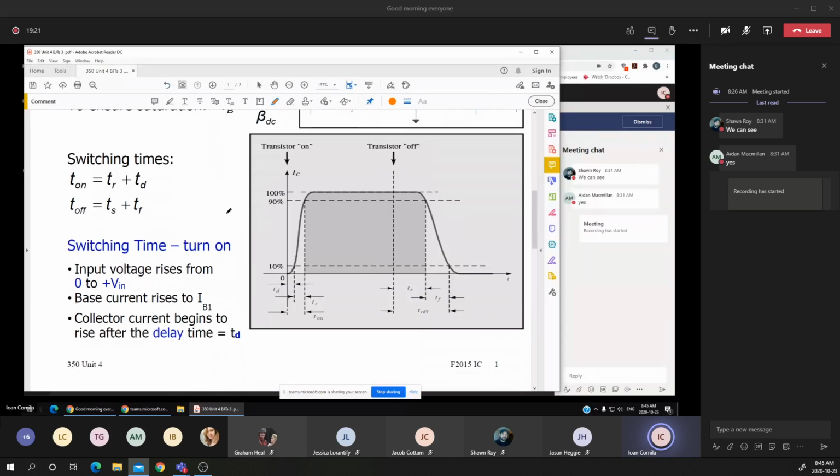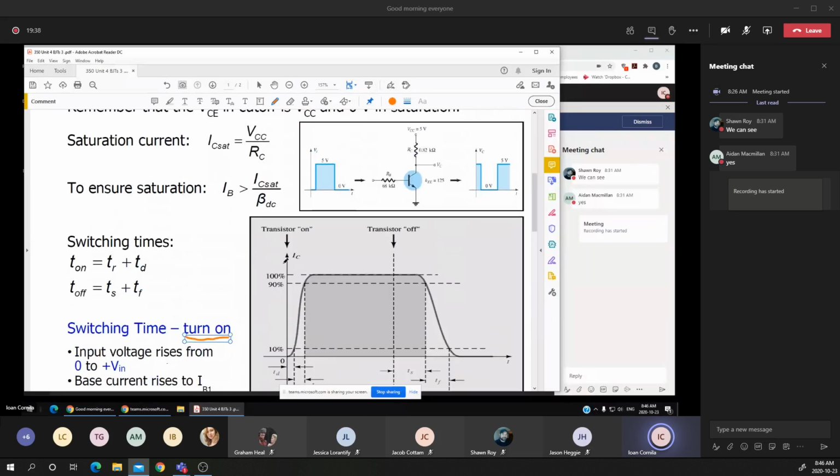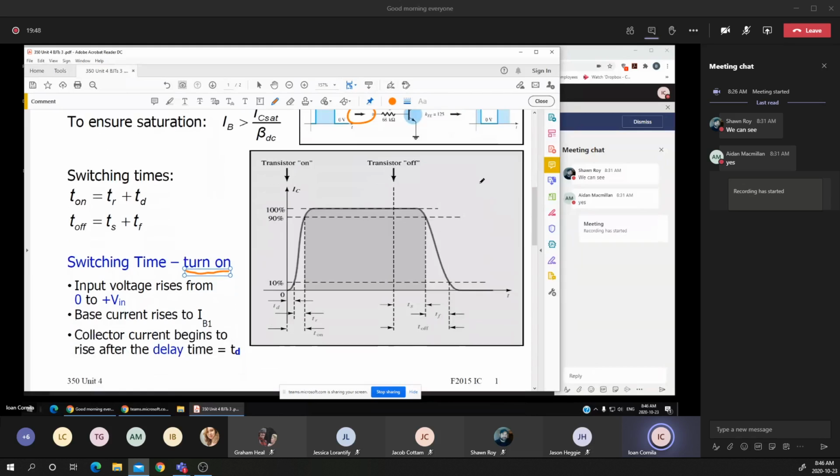For an idea about the switching times, there are two switching times. First is when the transistor is turned on: I'm applying the input voltage, and now we are seeing an effect on the output voltage.